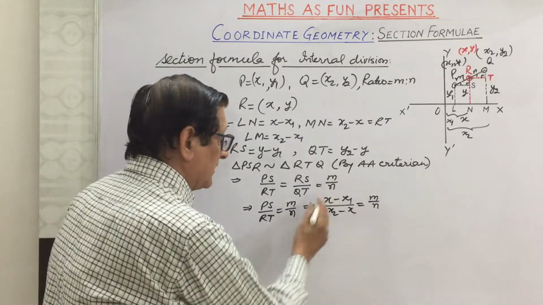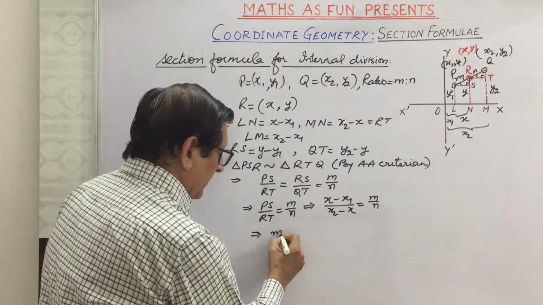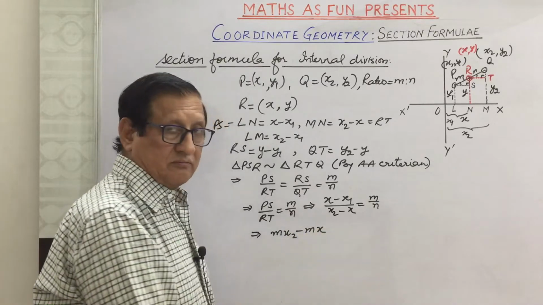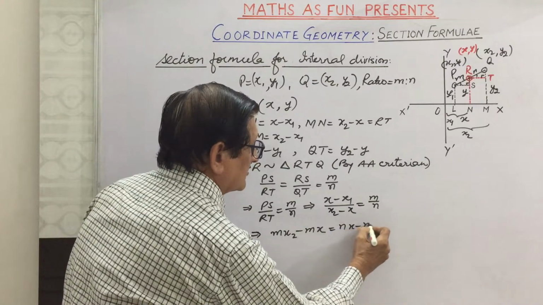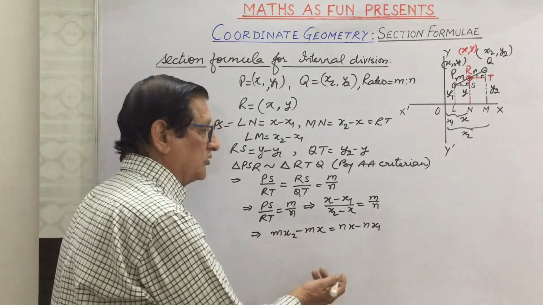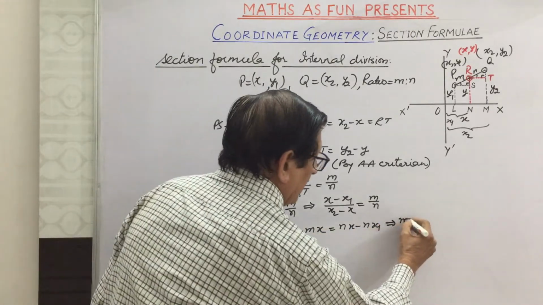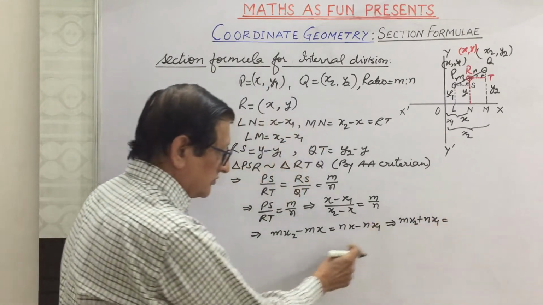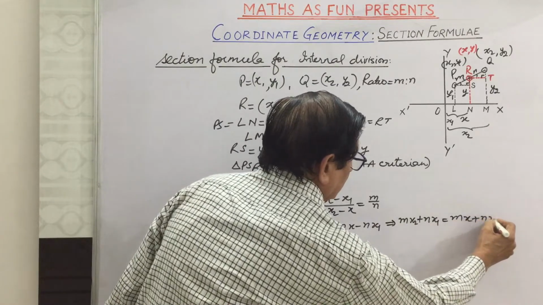If we cross multiply them, we are getting m into x2 minus m into x equal to n into x minus n into x1. If we transpose, we can get here m into x2 plus n into x1 equal to m into x plus n into x.